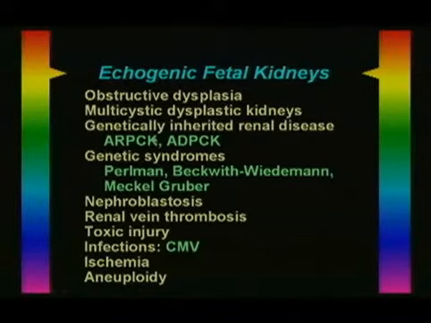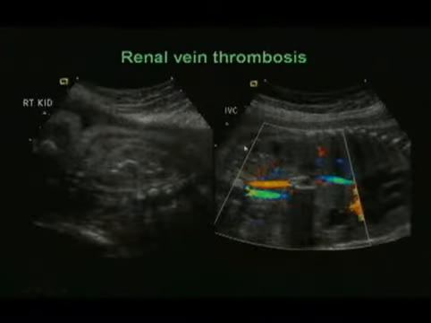We also can have echogenic kidneys from genetically inherited renal disease, either autosomal dominant or autosomal recessive polycystic kidney disease. Echogenic kidneys can be seen with some genetic syndromes, such as Perlman or Beckwith-Wiedemann, or Meckel-Gruber, as we've discussed. Other causes include nephroblastosis, renal vein thrombosis, some toxic injuries, some infections, such as cytomegalovirus, ischemia, and aneuploidy.